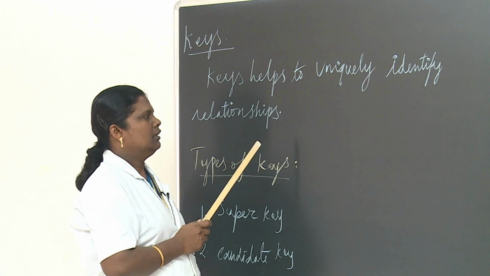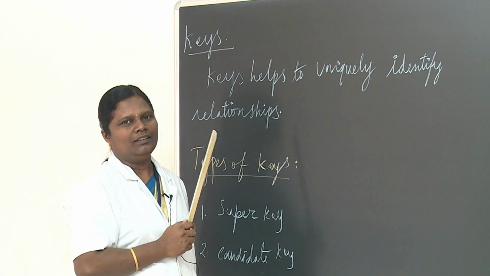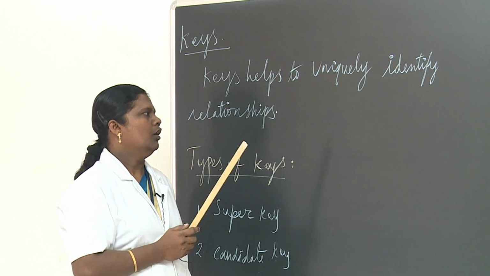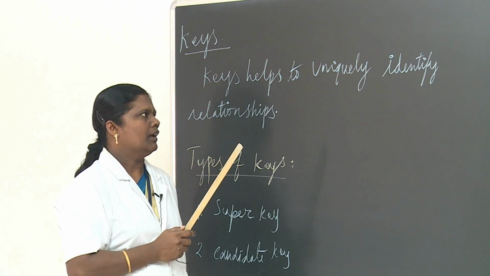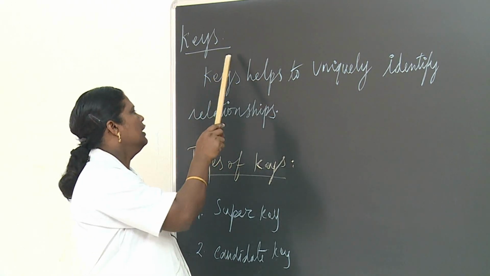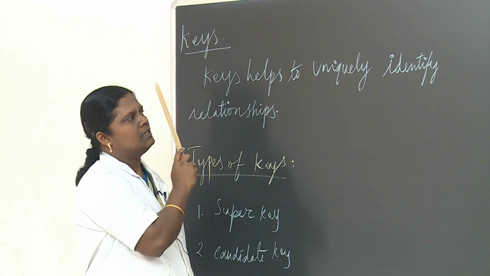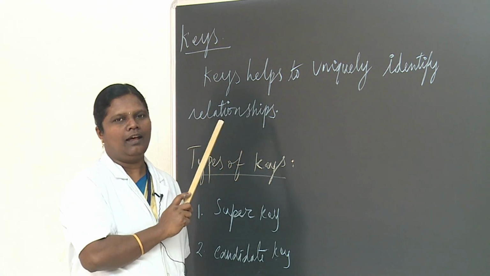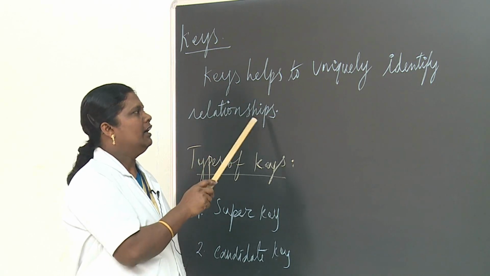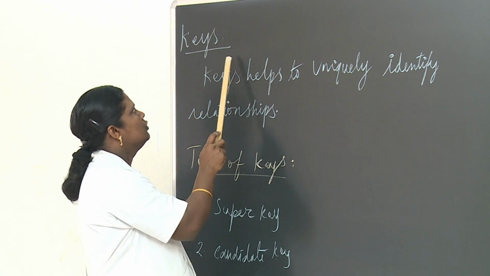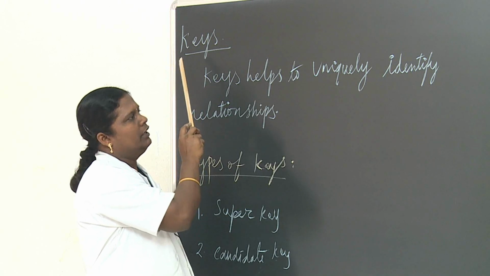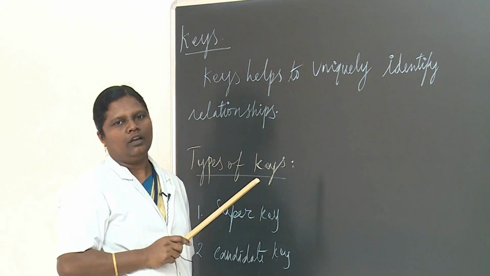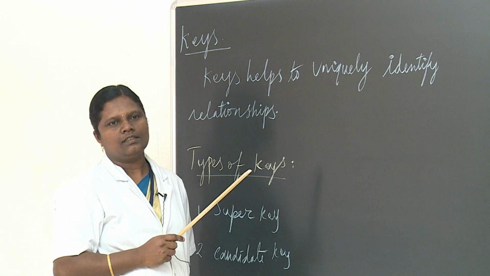Through those keys we can maintain the other keys and effectively extract the data. Here the key is defined as something that may uniquely identify the relationship, whatever relationship we may have, with a set of one or more attributes. Those are known as keys.